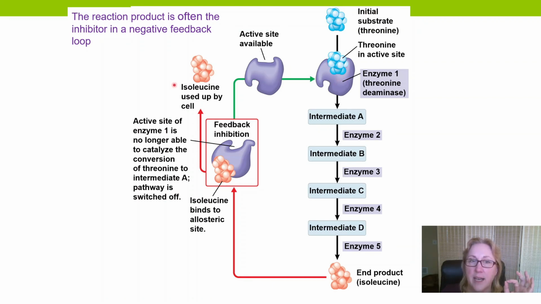And then as isoleucine gets used up in protein synthesis and becomes more rare in the cytoplasm, it will be released from this enzyme, and now threonine can bind and the synthesis will continue again. So this is called negative feedback, when the feedback causes a decrease in something. That's negative feedback.